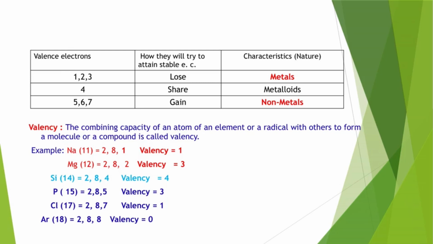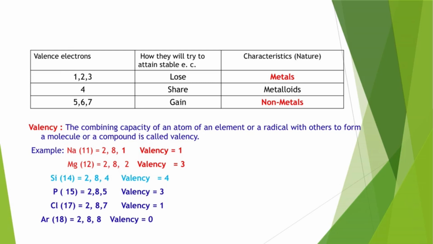If they lost 5 electrons to others, it is less likely. Instead, they will try to gain 3 extra electrons from other elements to become stable.